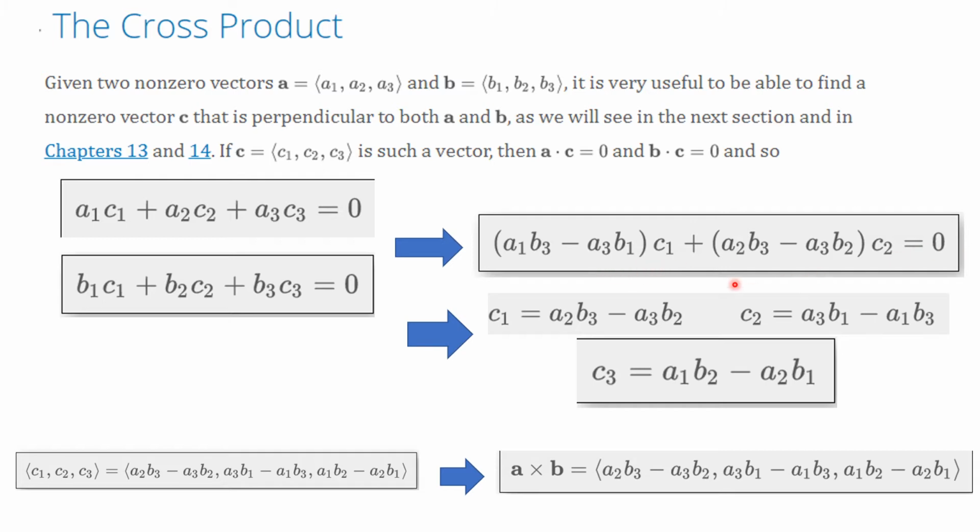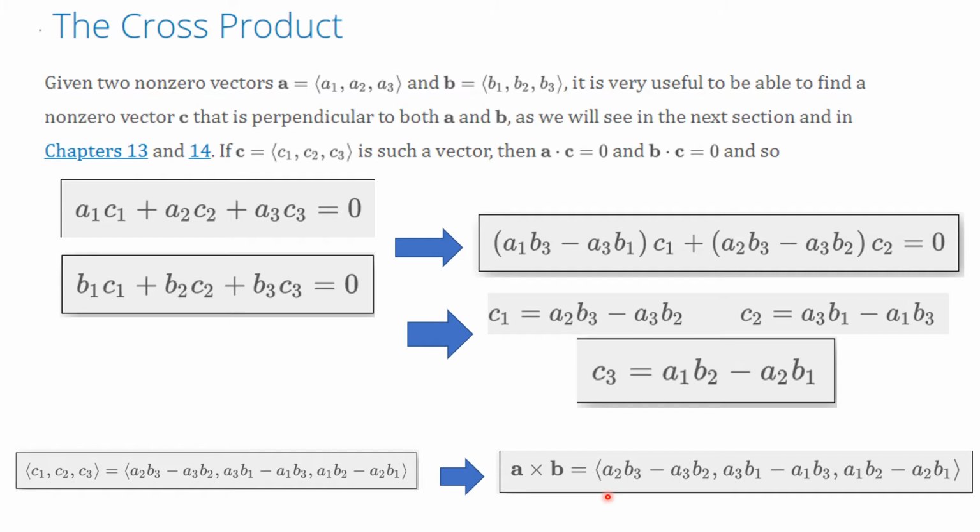Since this is equal to 0, that means that one of these variables is a scalar multiple of the other, and you can compute what that scalar multiple is. You end up doing that calculation and can conclude that these are values that work. So C1 can be this, C2 can be this, and C3 can be this. And so that means that the vector that we're seeking is this expression.